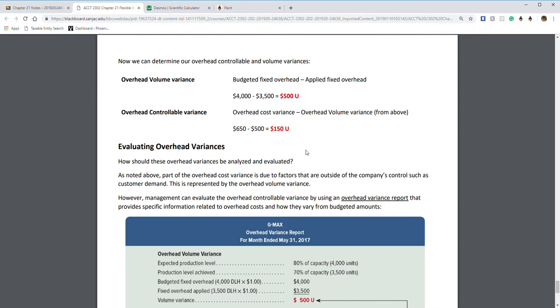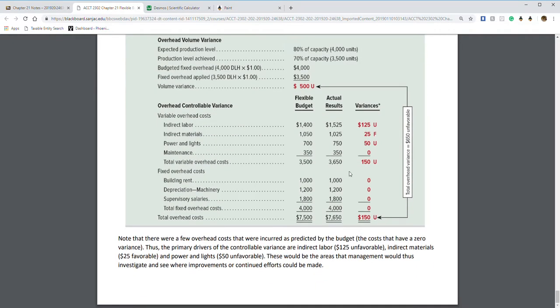That was controllable, and we can ask those questions. Few of the overhead costs were incurred as predicted by the budget. That's awesome. Again, fixed overhead should be the same. And we actually did well on maintenance. The other ones didn't.